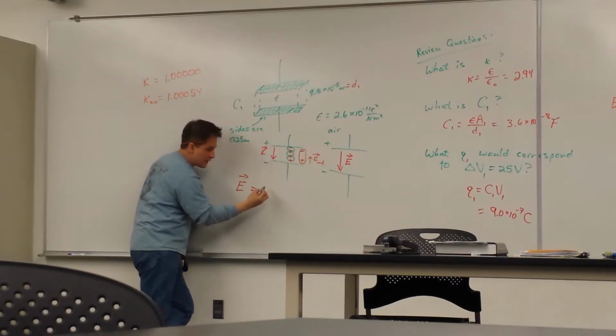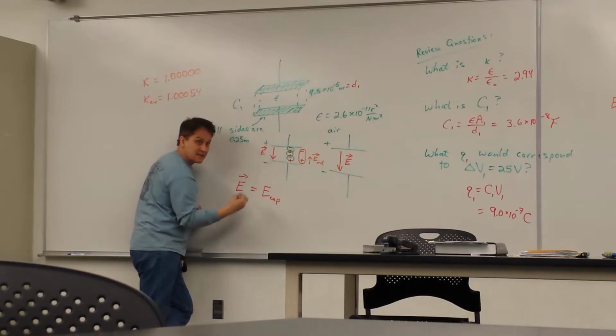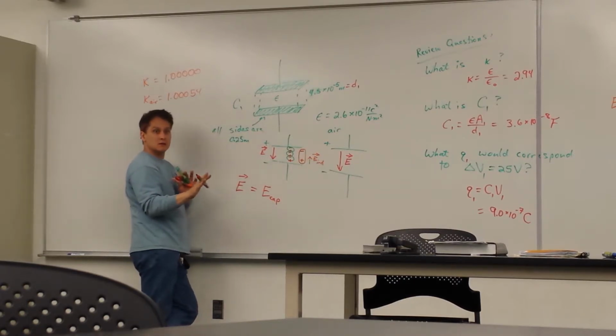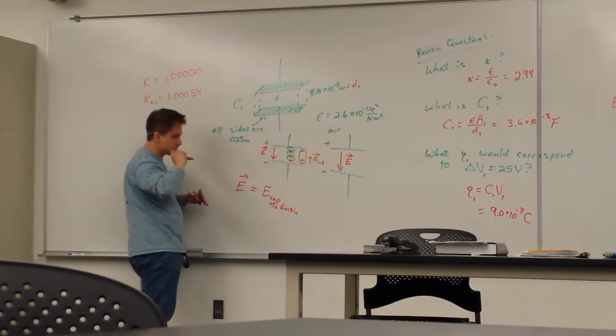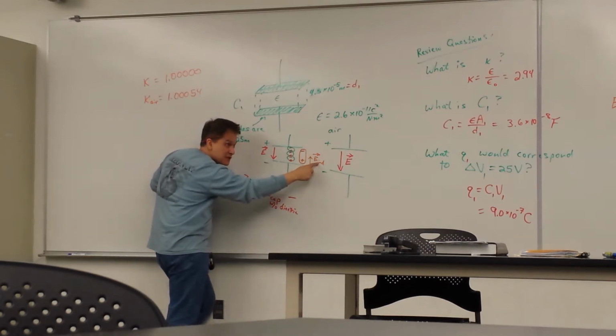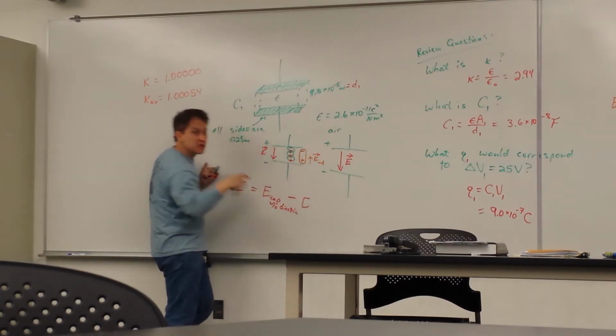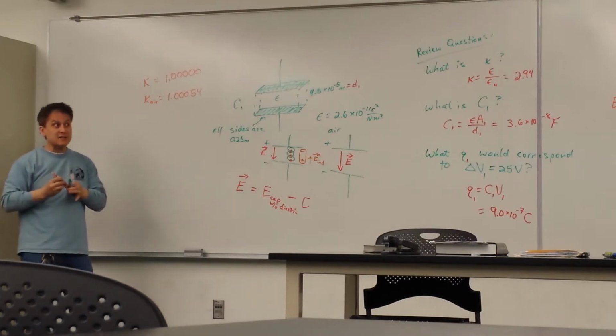So really, if you think about it this way, it's the electric field across the capacitor, not including the dielectric, minus this induced electric field due to the dielectric. In other words, it has to compensate.